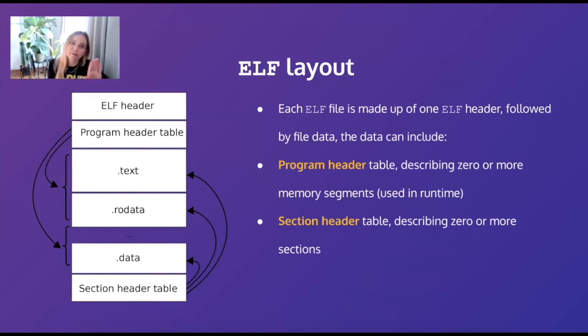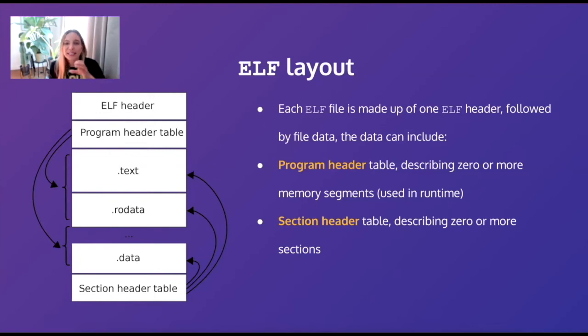So now going back to that ELF file and its structure. Each ELF file is made up of one ELF header followed by the ELF data. The data can include, but doesn't have to, a program header table describing 0 or more memory segments. It's used at runtime. And then the section header table describing 0 or more sections.